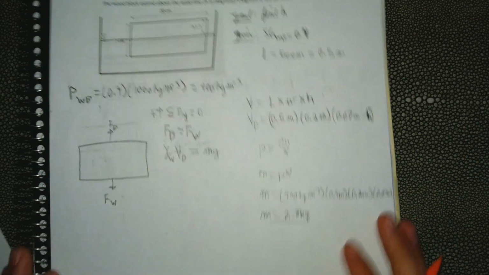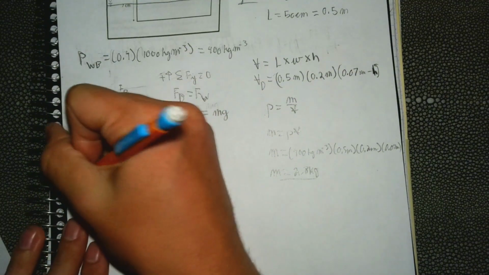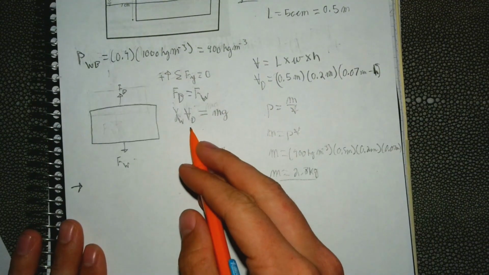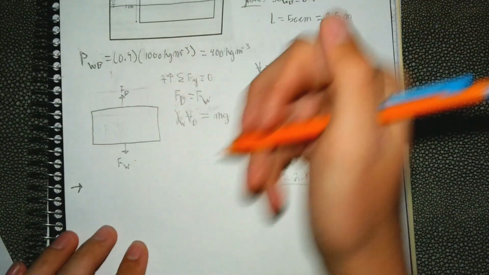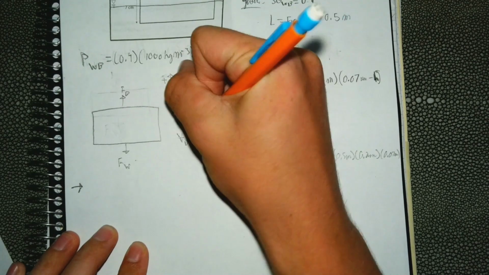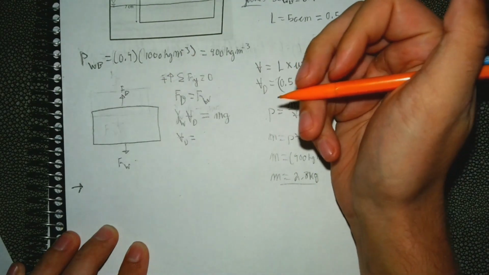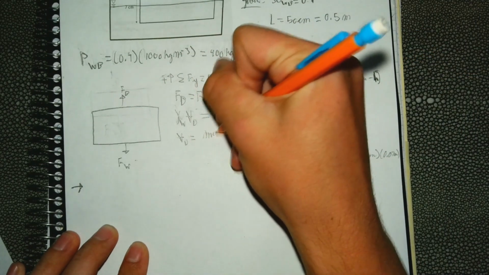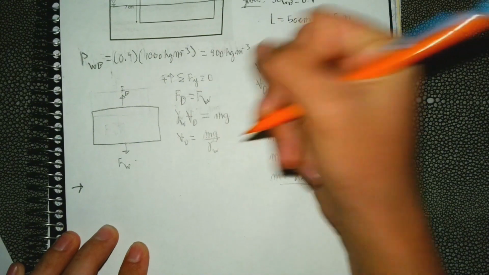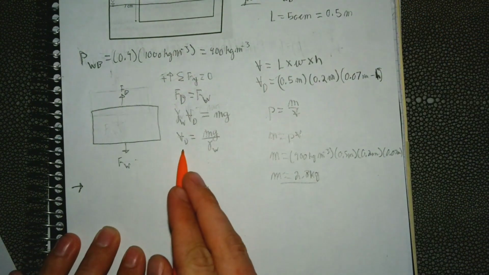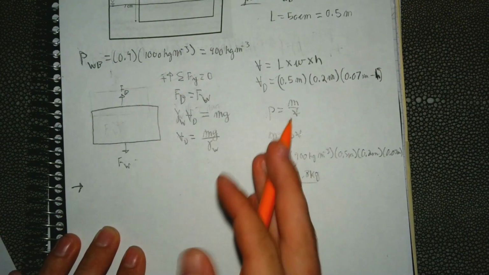So let's go ahead and write it down here. I'm going to rearrange this. So we have this equals water. Then we can rewrite this as this equation up here.